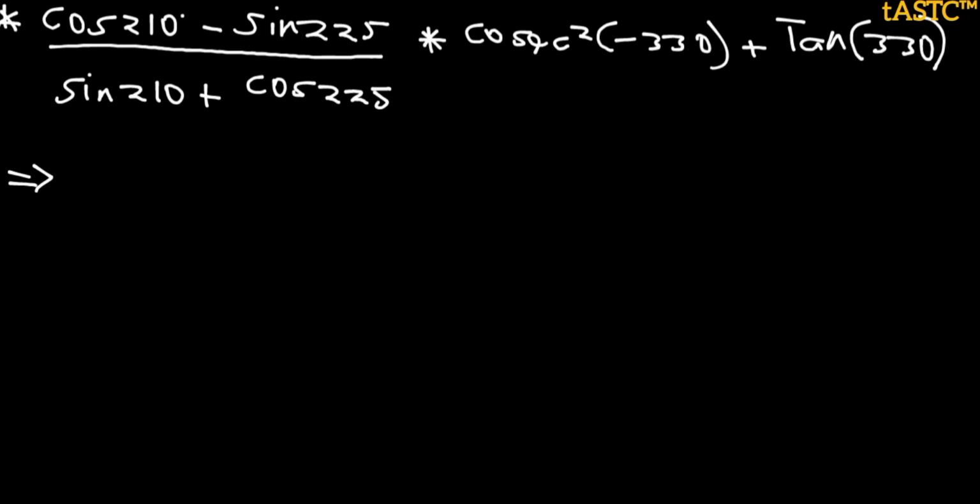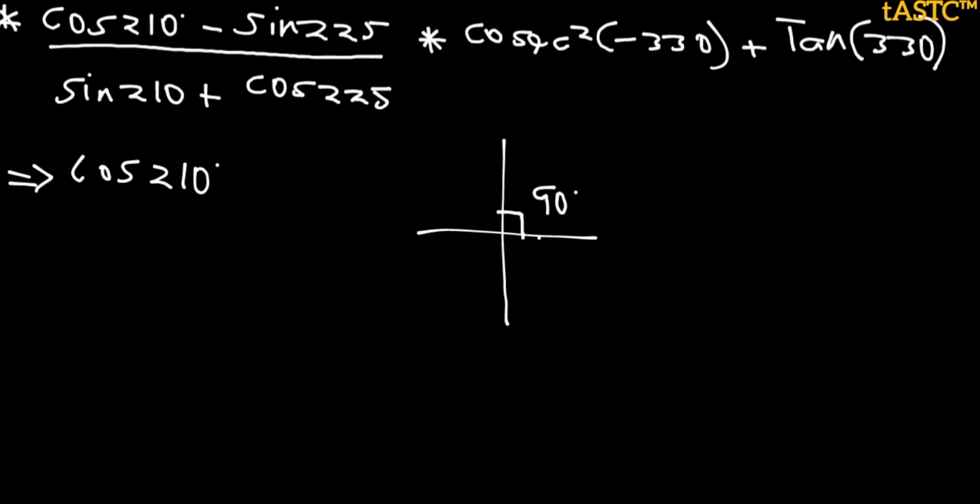So first, let us find out what cos 210 is going to give. Now, what is the quadrant to which 210 belongs? So if you draw this, this is 90 degrees. This is up to 180 degrees. And so this is clearly beyond that. This is going to be in the third quadrant.